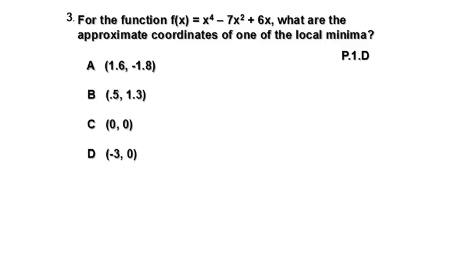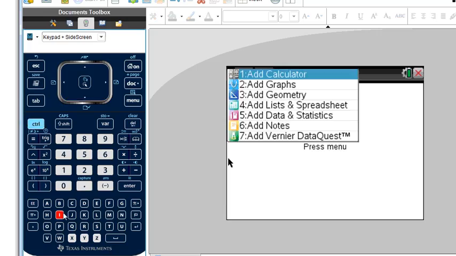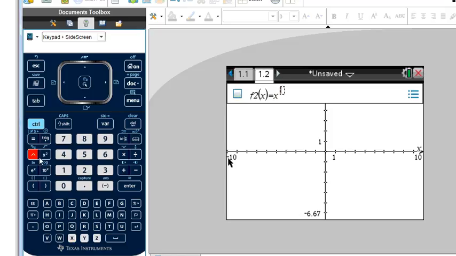And so we go to the calculator here again. Okay, Control I. We add graph, and we enter x to the power 4, and we have minus 7x squared plus 6x.